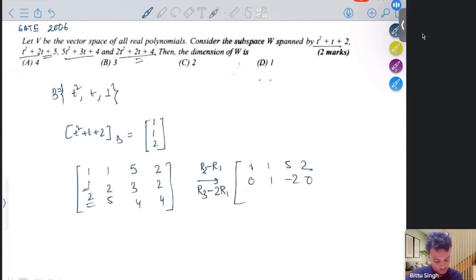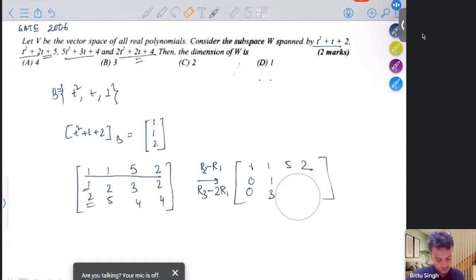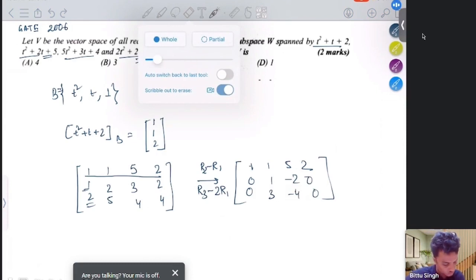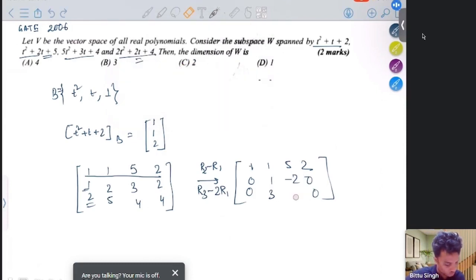R3 minus 2 times this row, this will give 0 here. 5 minus 2, that is 3. 4 minus 8, minus 4. And after that 4 minus 4, that is 0. 4 minus 10, sorry, this will be, actually this is minus 6.